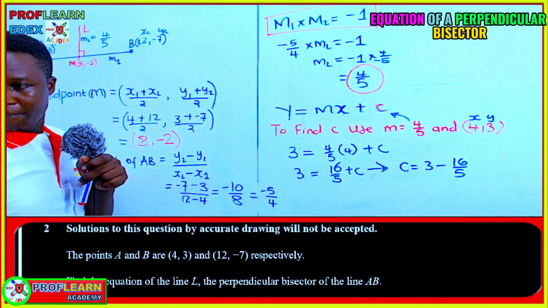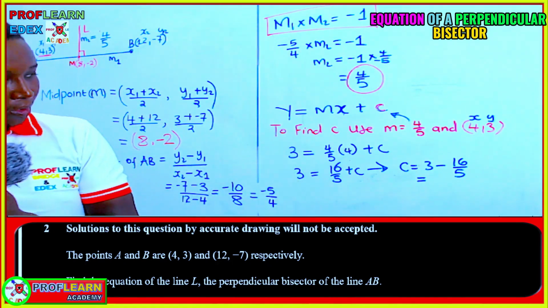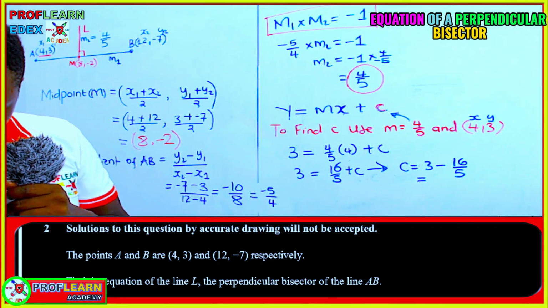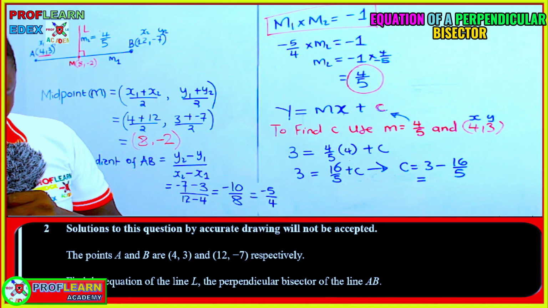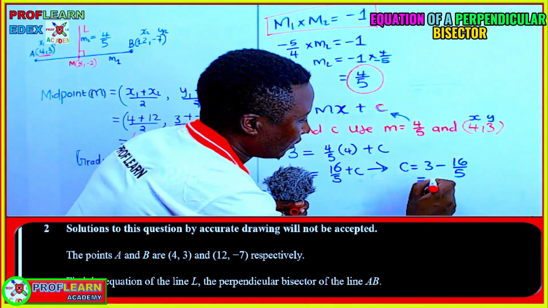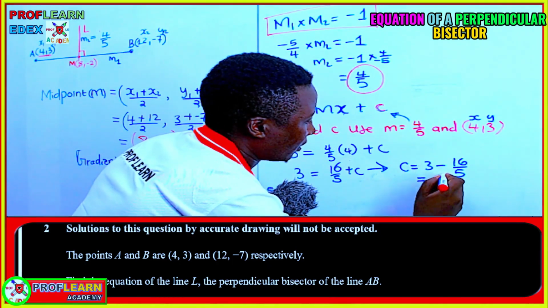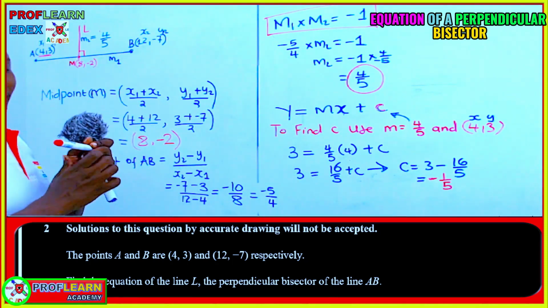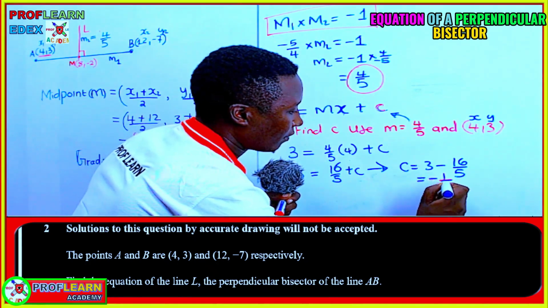If we work this out, we are getting negative 1 over 5. So the y-intercept of this line is negative 1 over 5.